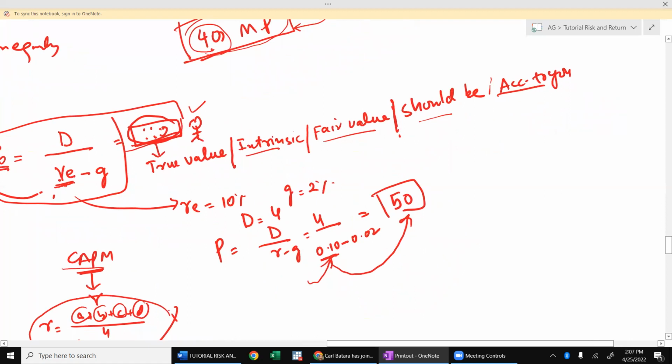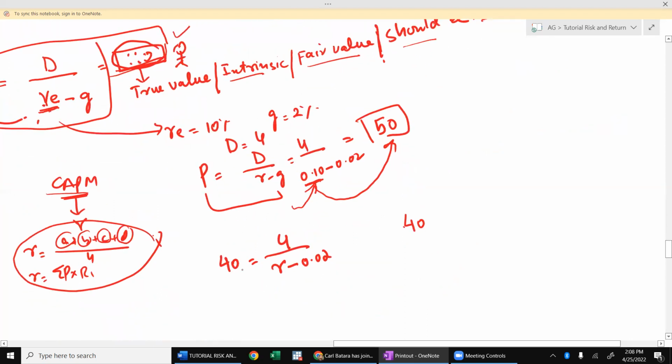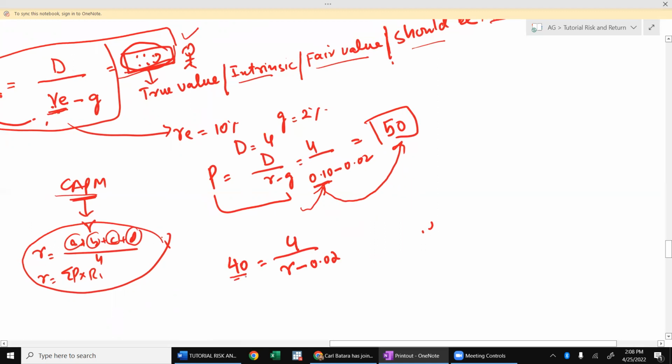If I put 40 in this formula, 40 is equal to 4 over R, which I don't know, minus G of 0.02. Because the price in the market is 40, how much are the existing investors requiring from this stock? Can you calculate?